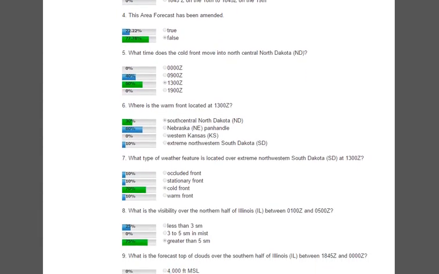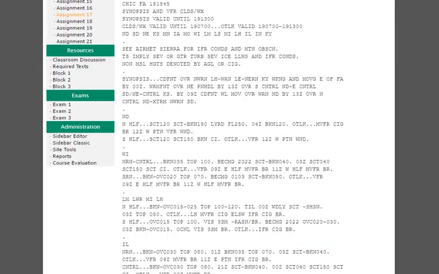The other question: what time does the cold front move into north central North Dakota? Looking at the synopsis, it says the cold front over northwestern, let's see, it would be the next time period, I think.